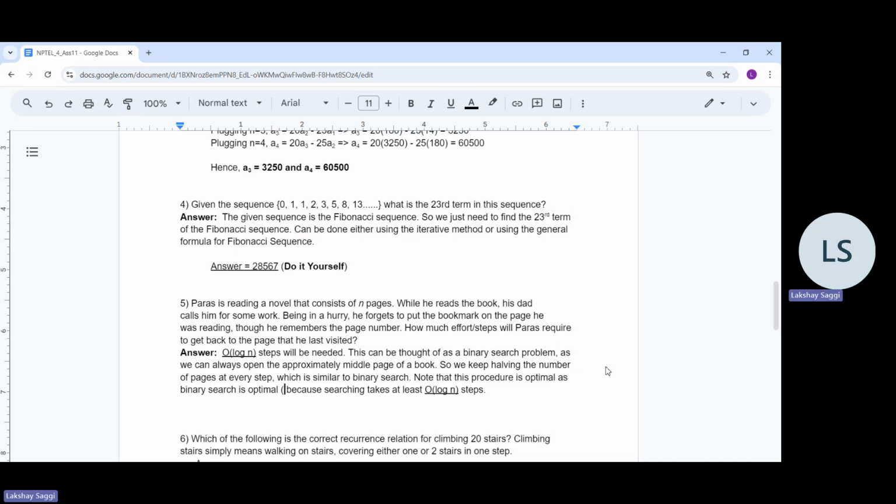Yeah. This procedure is optimal because binary search is optimal.